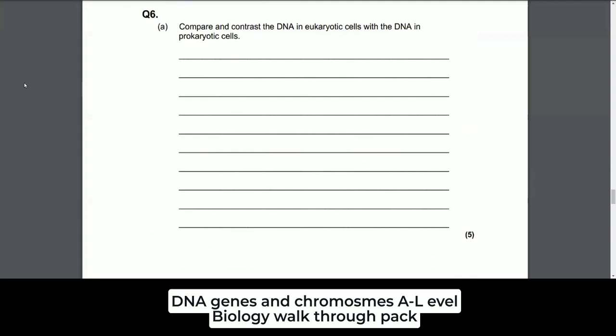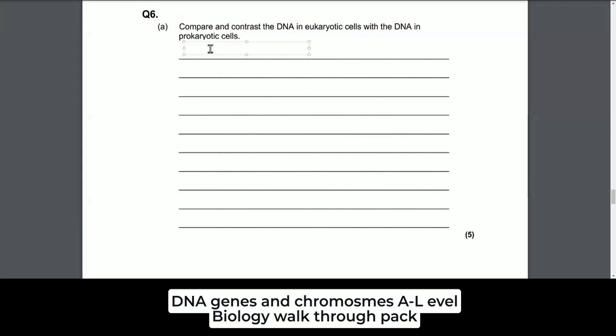All right, we're nearly there, folks, nearly at the end of this pack. Question 6, compare and contrast the DNA in eukaryotic cells with the DNA in prokaryotic cells. Oh my gosh, how many times are they going to ask this in this pack? It's kind of good revision though, right? So we want to compare and contrast. We've got to talk about both. We can't just talk about one. We'll only get half the marks. Now, the fact that they say compare, that means what's the same, contrast, what's different.